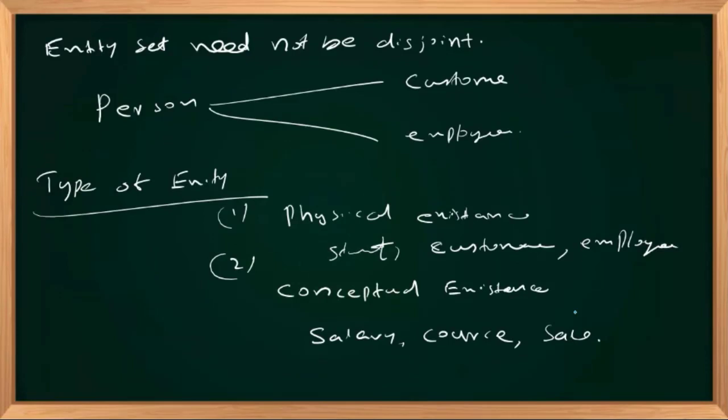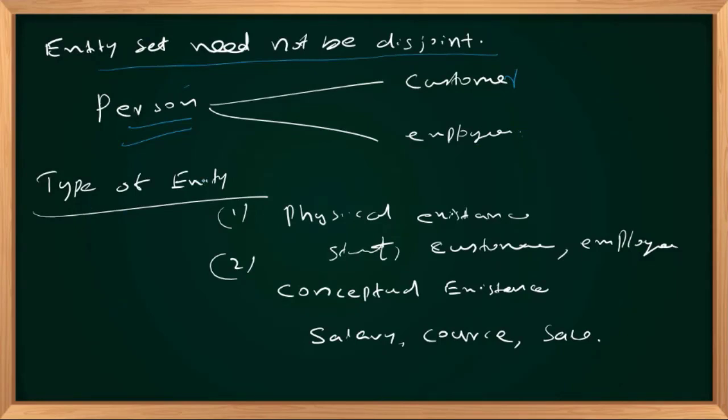This is the entity. An entity set need not be disjoint. For example, some persons may be customers, some persons may be employers or employees.